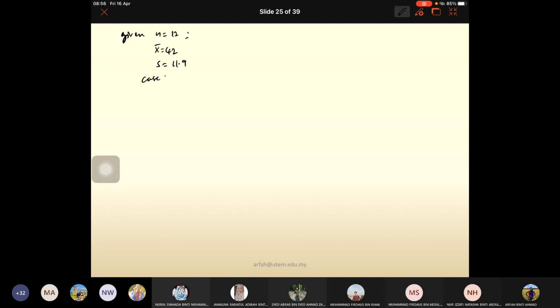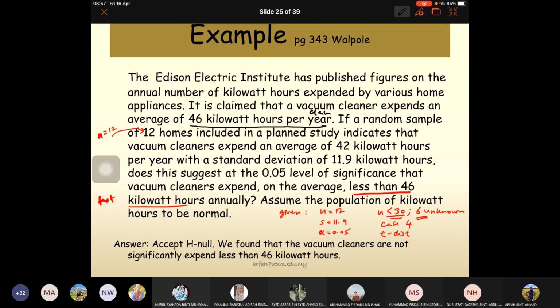So, ini adalah case 4 follow T distribution. Okay. So, list down H null dan H1. So H null awak mu less than 46, okay, versus H1 mu greater than 46.